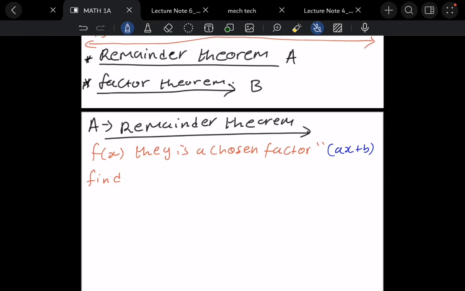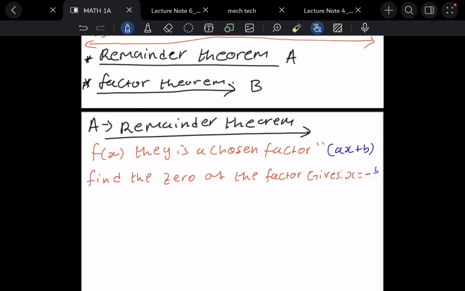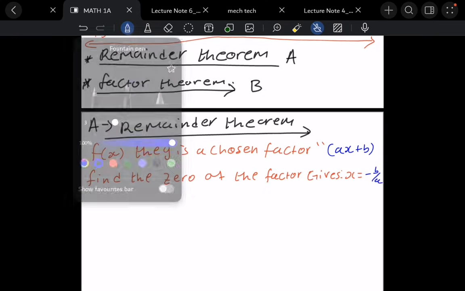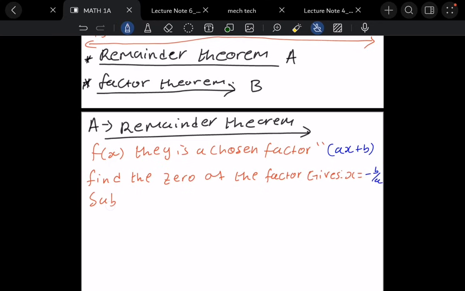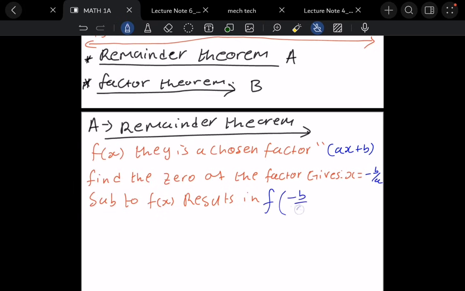Finding the zero of the factor gives x is equal to minus b over a, and subbing into f of x results in f of negative b over a is equal to r.